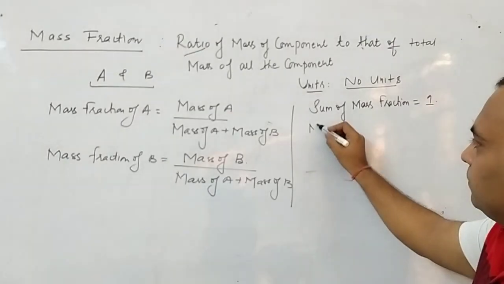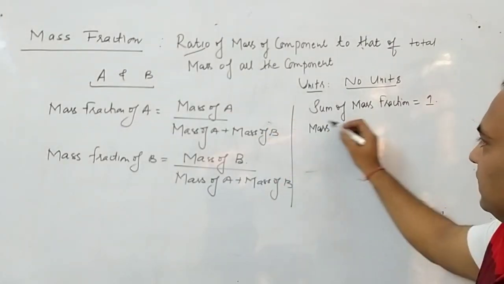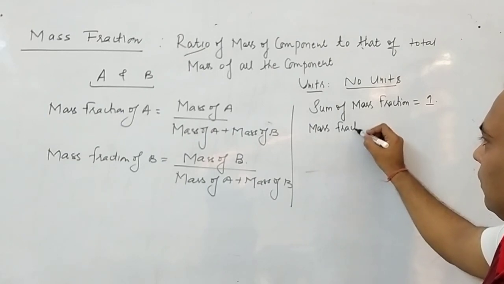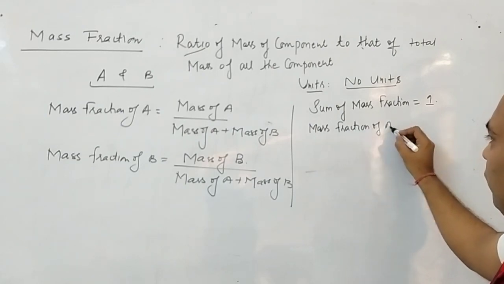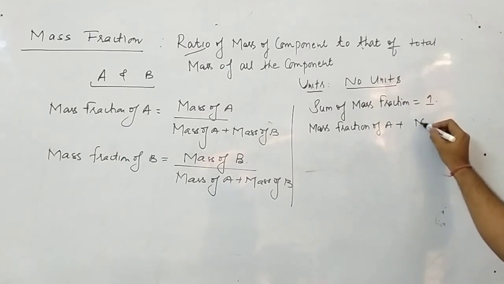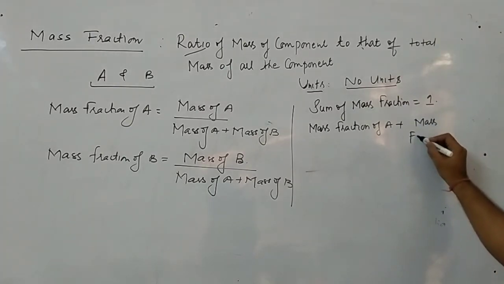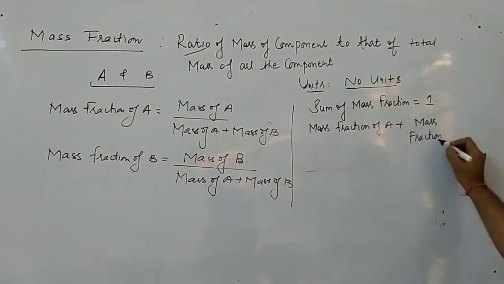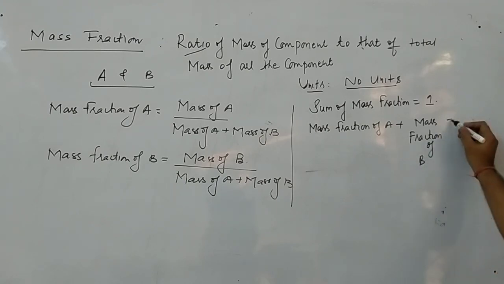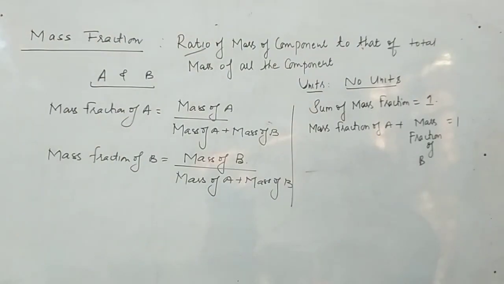It means in this example, mass fraction of A plus mass fraction of B is equal to 1. Now what is the benefit of this? If I know the mass fraction of one component, then I can calculate the mass fraction of the other.